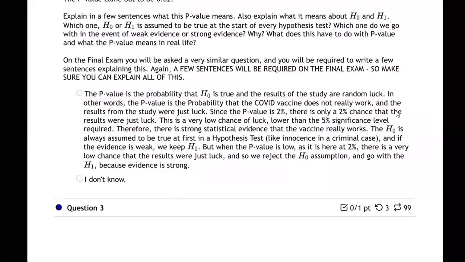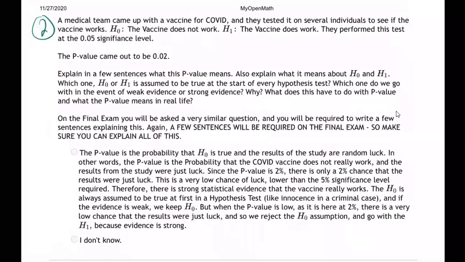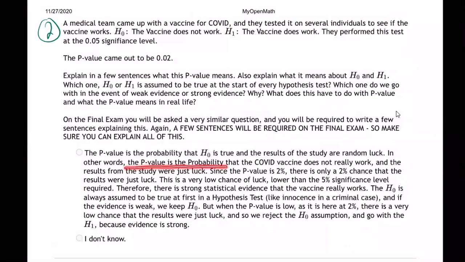Now, let me hold on there for a minute. Are you understanding? Are you getting what the p-value is? One more time. The p-value is the probability that H0 is true and the results are just random luck. So write that in your notes. The p-value, what is it?